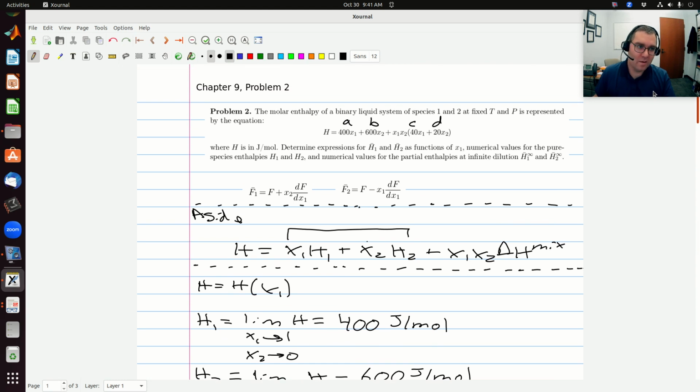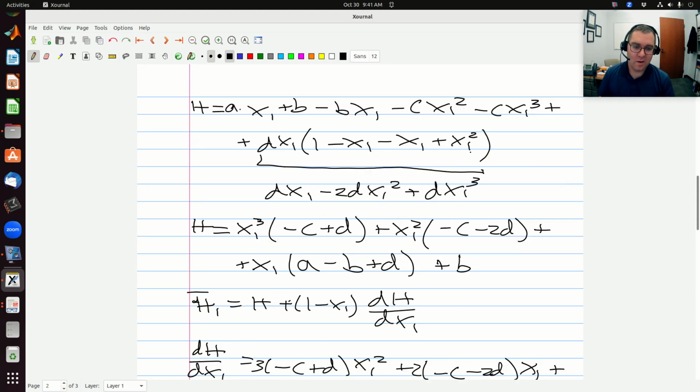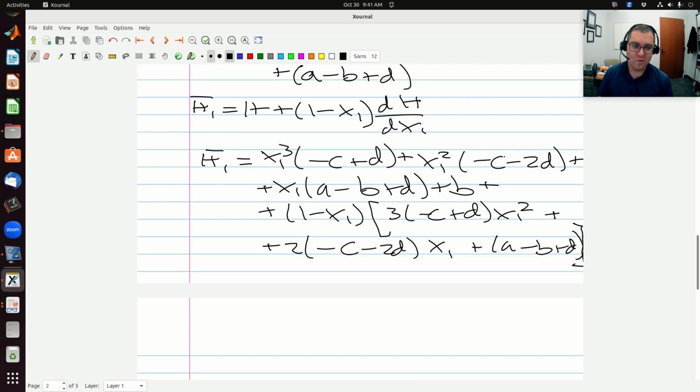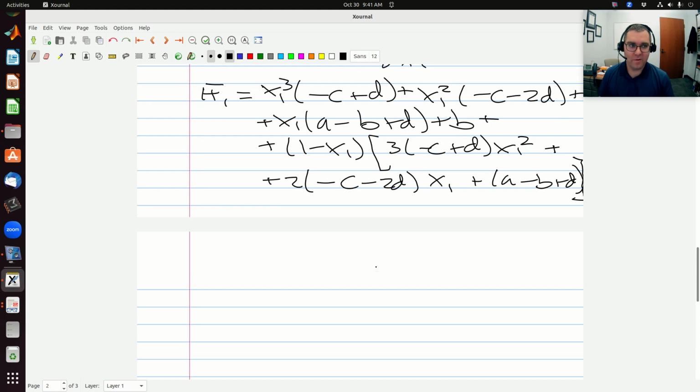Once I have this in terms of x1, if I wanted to get it in a form similar to what I had up here, I could replace occurrences of 1 minus x1 with x2, and life would be okay. Even here, I could just put in x2 and call it a day. But I'm going to leave it like that for now.